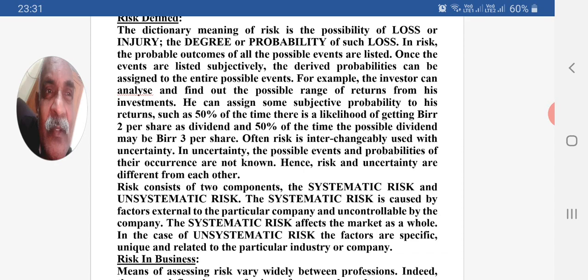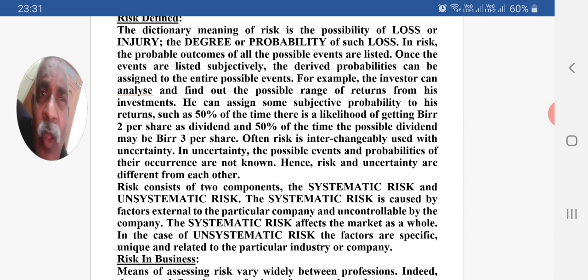Risk consists of two components. One is systematic risk and the other one is unsystematic risk. The systematic risk is caused by factors external to the particular companies and uncontrollable by the companies. Uncontrollable by the companies means what? Maybe natural calamities, maybe war.